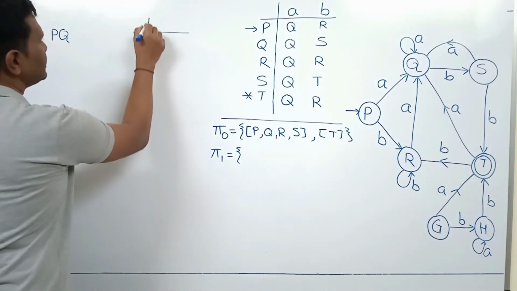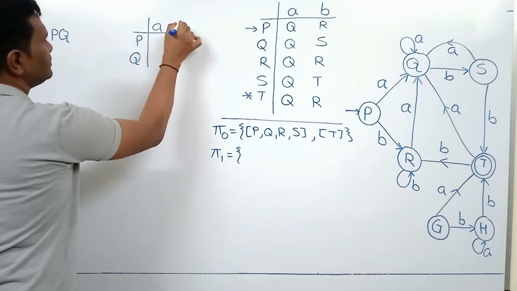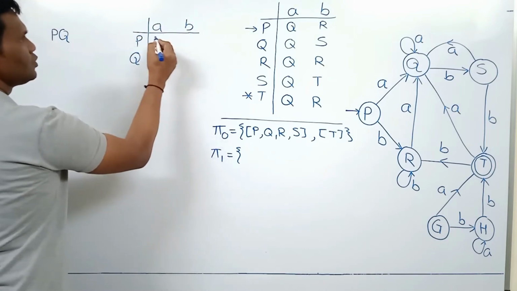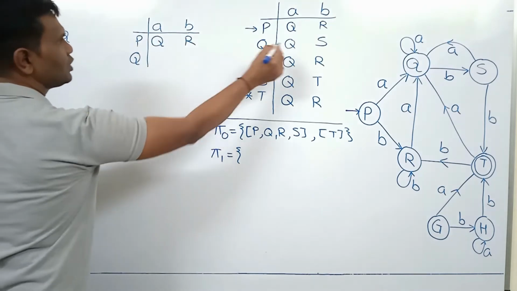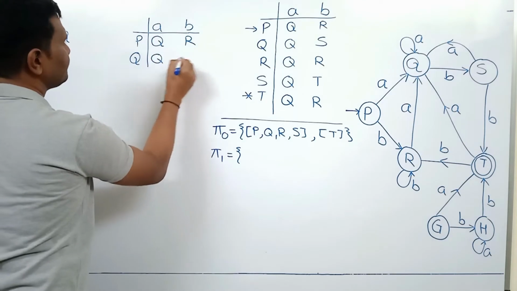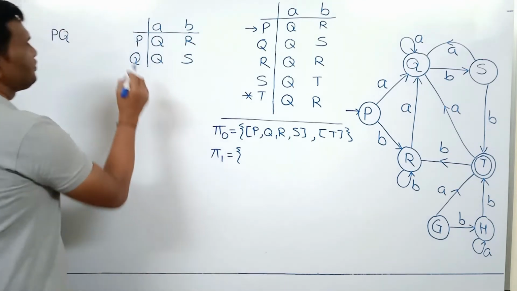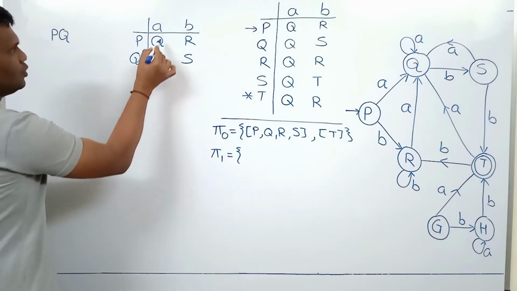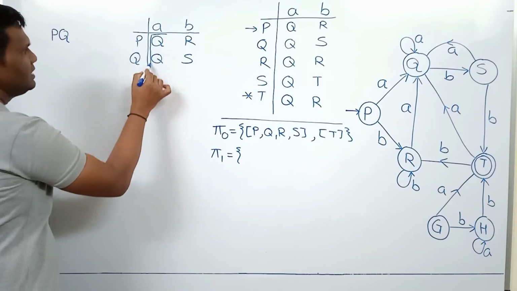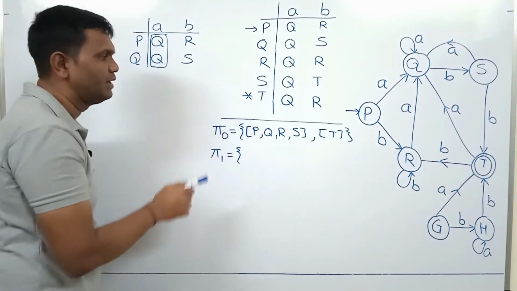For that, consider transitions of P and Q. So P on A goes to Q, on B it goes to R; for Q it is Q and S. Now here we have to check P on A goes to Q, Q on A goes to Q. We have to check whether these two states are in the same group in the previous equivalent.